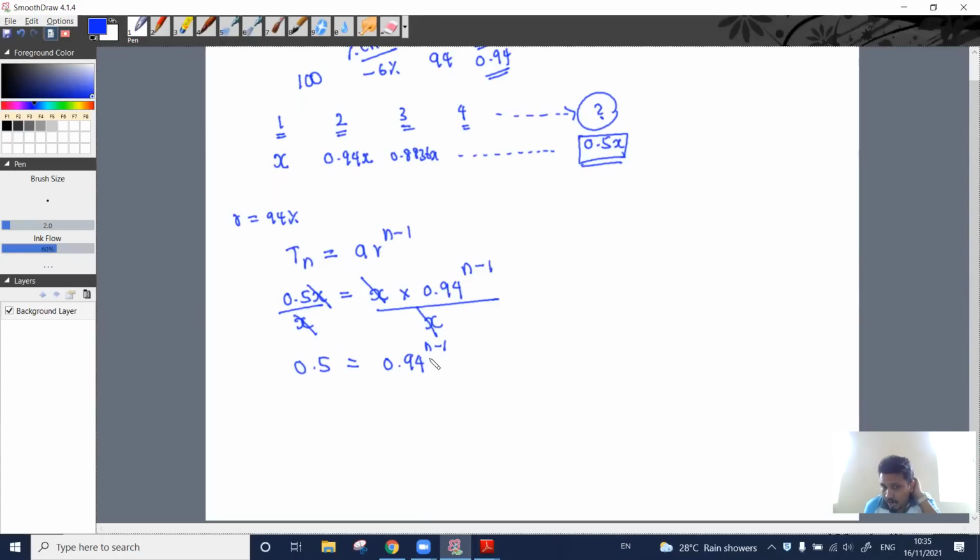Remember, if there is an unknown as a power value, if there is a variable as a power, what do we have to use to find it? As a power, like 15 to the power n.